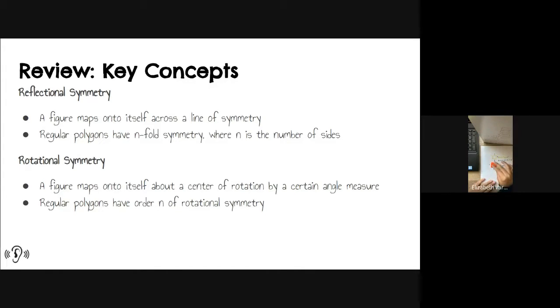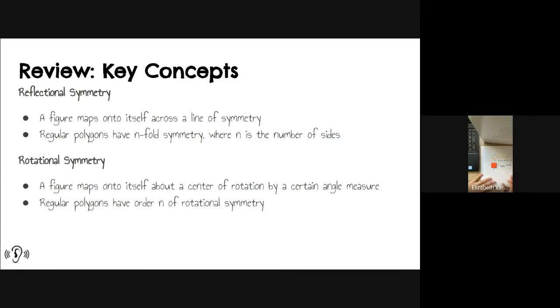So there are 4 instances in which I can turn this square to get rotational symmetry.